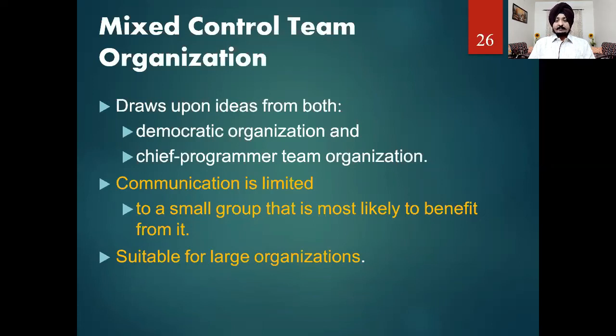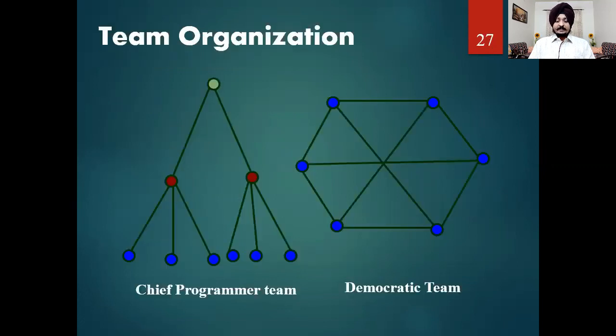But sometimes we follow the mixed type of control systems, in which both types of assignments are taken into account. If we look at the chief programmer team, we have a setup where one person is at the top, then some people are working under him, and then again we have a hierarchical structure in the organization.